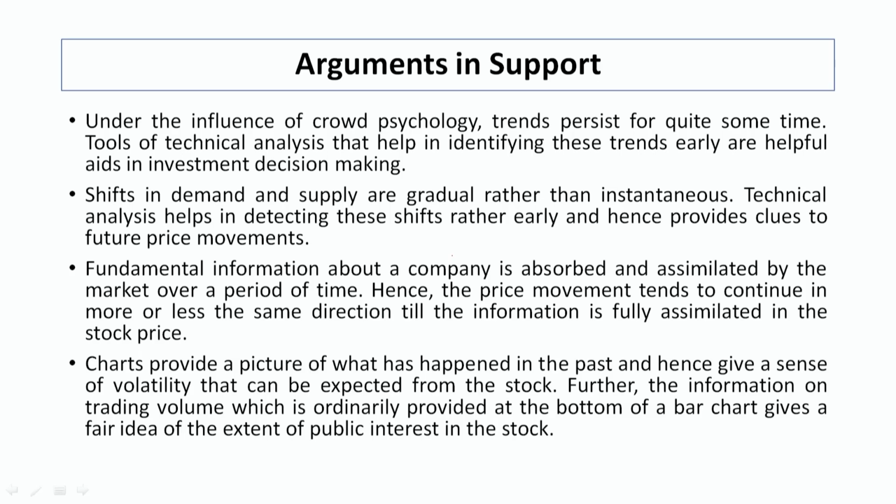And lastly, the charts provide a picture of what happened in the past and what is going to happen in future. We can sense it easily based upon the past prices. So with the help of these different types of charts, along with volume and price charts, we can predict the future easily.